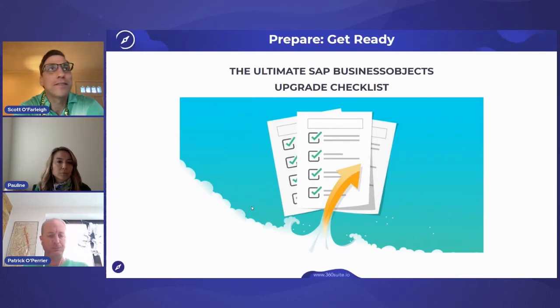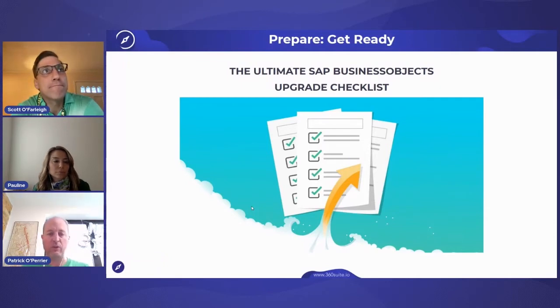I'll give you an example. It turns out you have some Lumiras, okay? Are they used or not used? Well, if they're not used, maybe you choose to not migrate them. If they are used, or if you choose to migrate them anyway, well, you know you need to install the Lumira add-on on a new server, that sort of thing. So maybe you have 50 universes, therefore 30 universe connections.